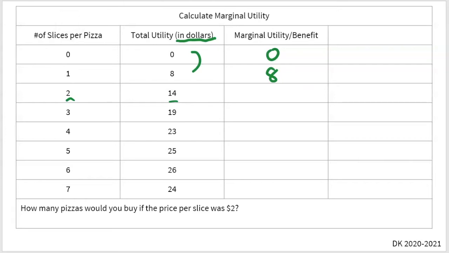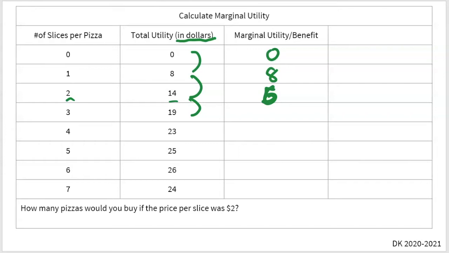So from that first slice to the second slice, we go from 8 to 14. So we gained an additional 6 units of satisfaction. Sorry, I did my math wrong, it's 6 units.